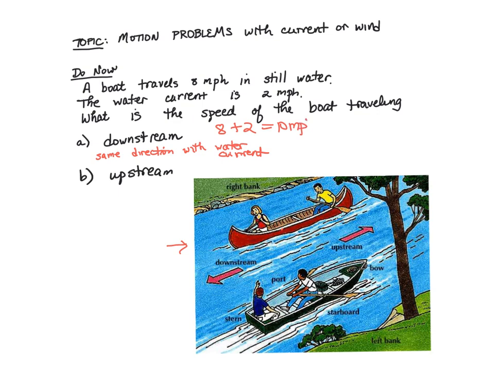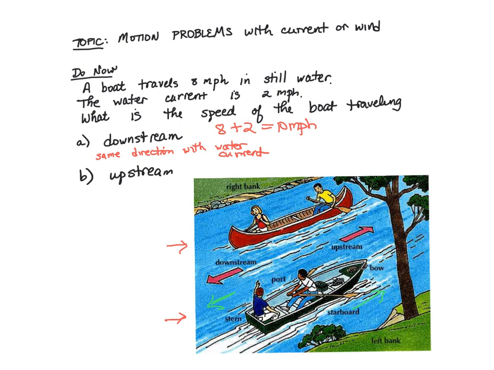But when we travel upstream, as this green canoe down here is doing, notice that the water current is still going in this direction, but the canoe is going in the opposite direction. So we say that the boat is traveling against the current.